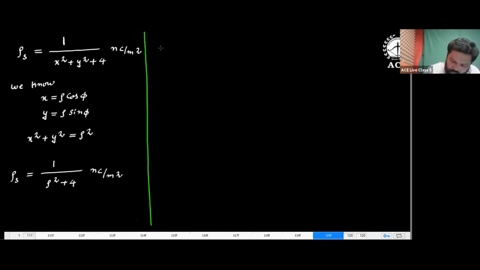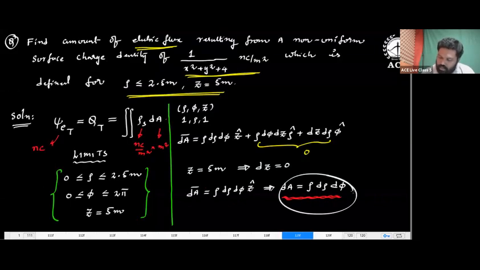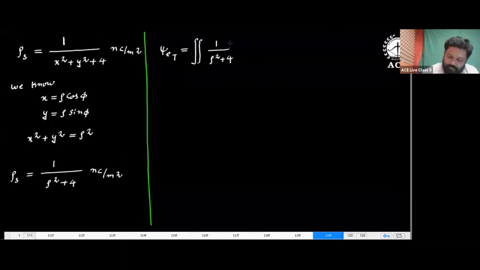So let us proceed here. The total flux is equal to total charge, which is equal to surface integral of rho s. What is rho s? 1 by rho square plus 4 into dA. What is differential area? Rho d rho d phi. Separate out this one, beta.